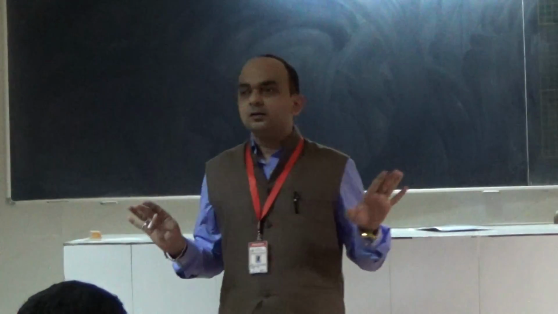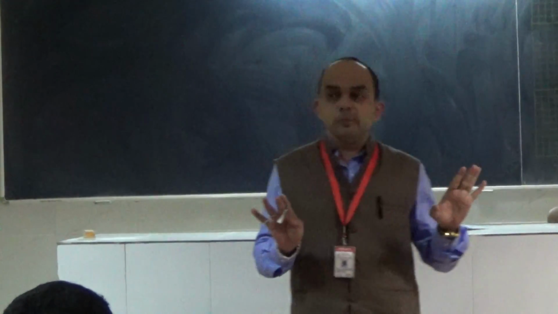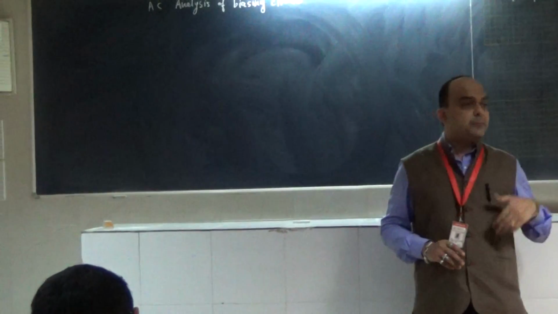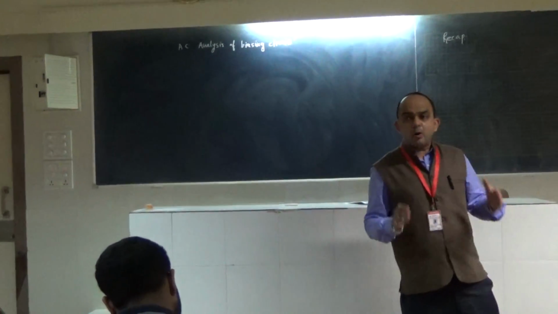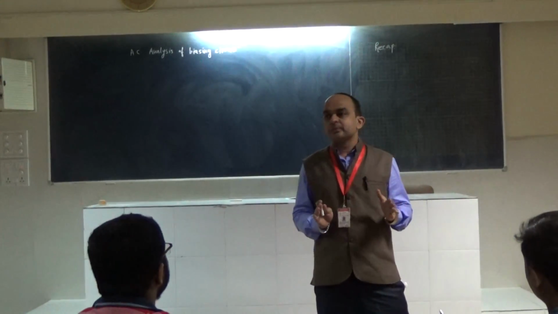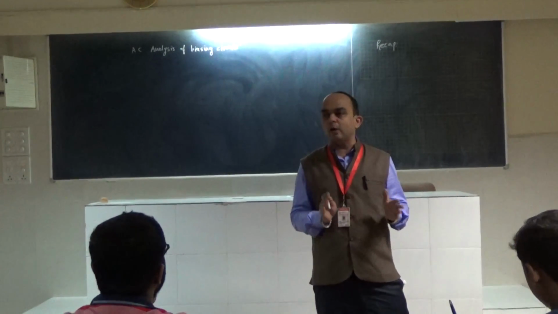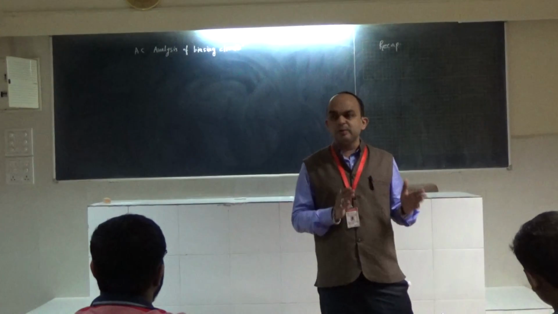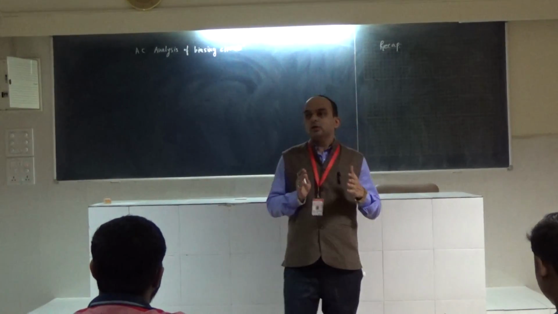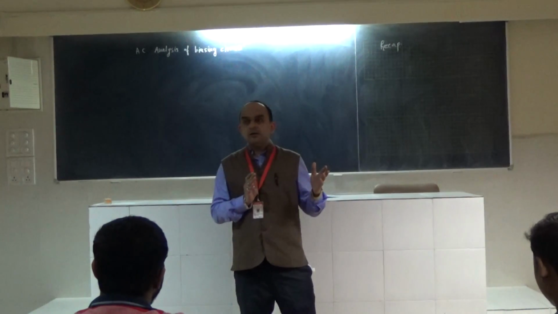So is that clear to everyone? Because today we are going to go one step forward. Up till now we have emphasized only on the biasing circuit analysis, finding out the Q point, finding out VCE, IC, IE, then IB.